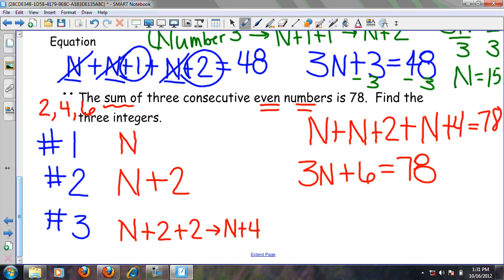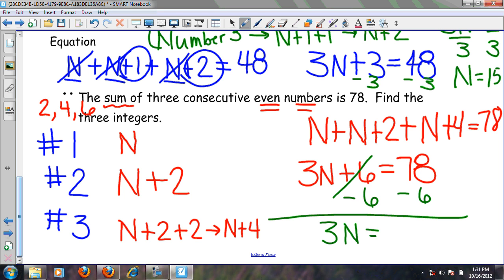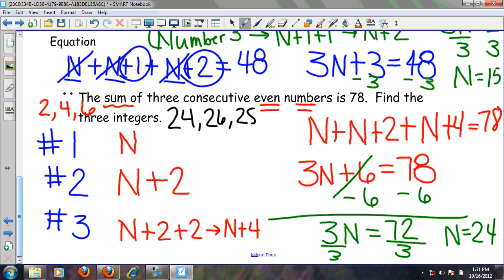Maybe you want to factor out some numbers, but I think Chris would want to just solve it like a two-step equation by subtracting 6 from both sides. 3n equals 72. Divide by 3. n equals 24. And therefore, our three consecutive even integers would be 24, 26, and 28.